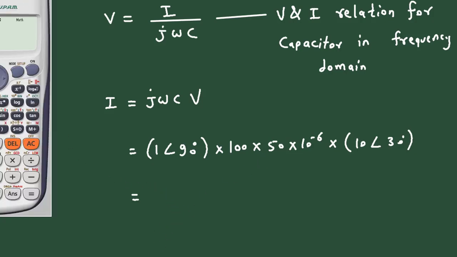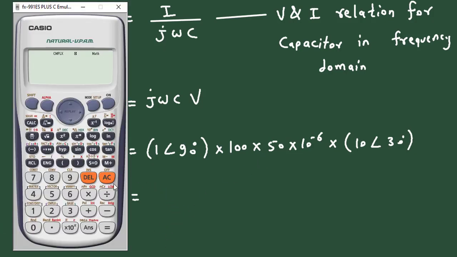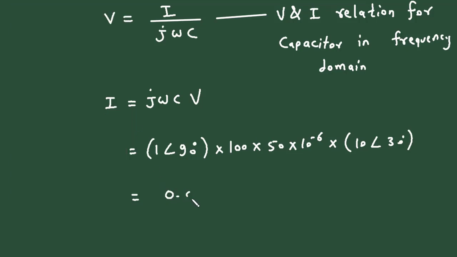So let's solve this in the calculator. 1 into 100 into 50 into 10 to the power minus 6 into 10. So it is 0.05 at an angle.